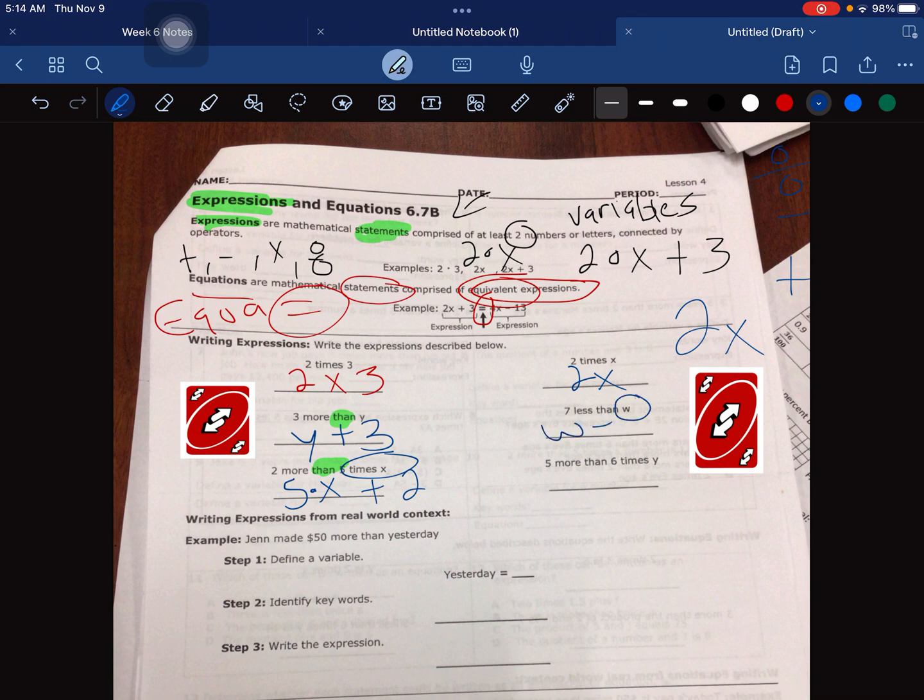W minus 7. 5 more than, once again, than 6 times y. So first we're going to have exactly 6 times y plus 5.